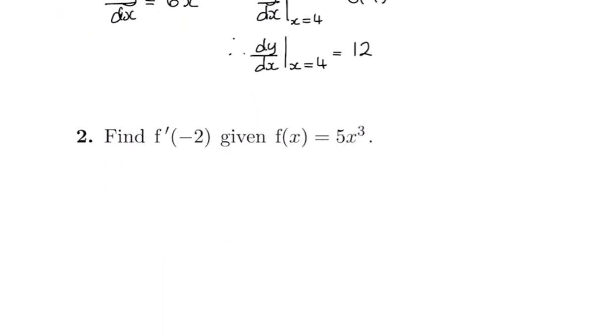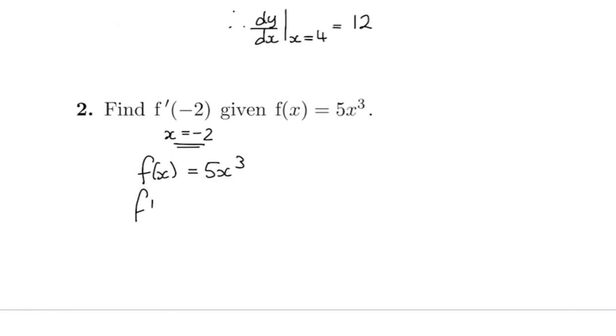Okay, and this one is given in function notation. This is Lagrange, so it says find f dash of x when x equals -2. Remember, that's what that means, given that f of x equals 5x cubed. So if f of x equals 5x cubed, then f dash of x equals 15x squared.